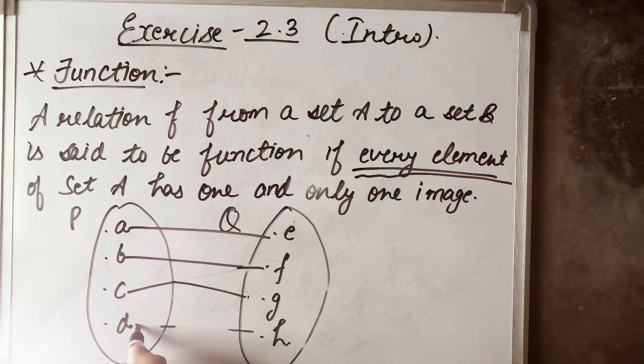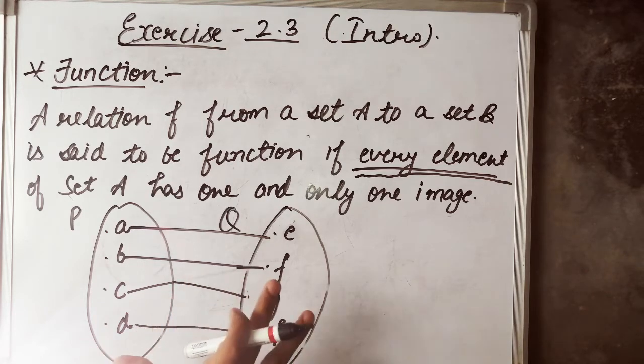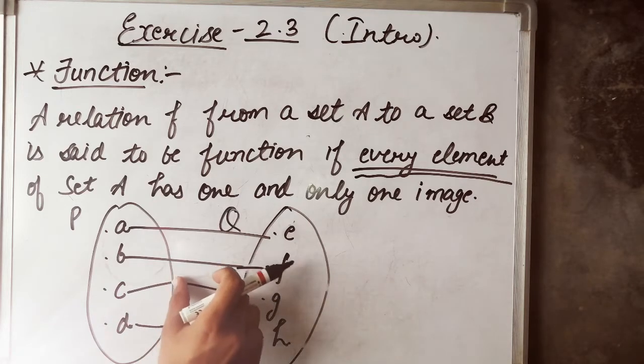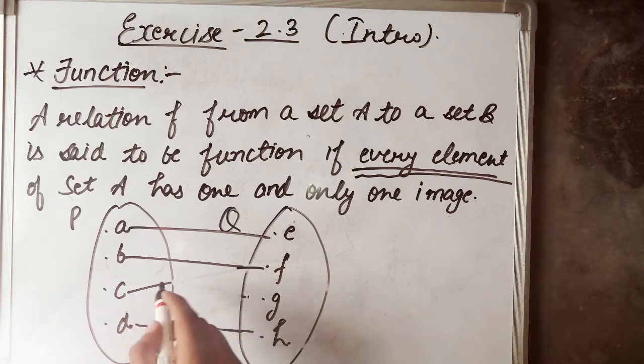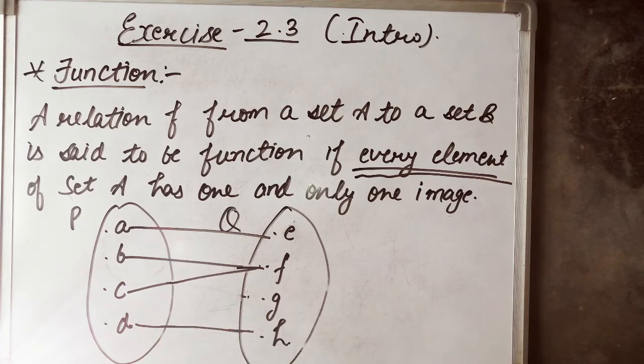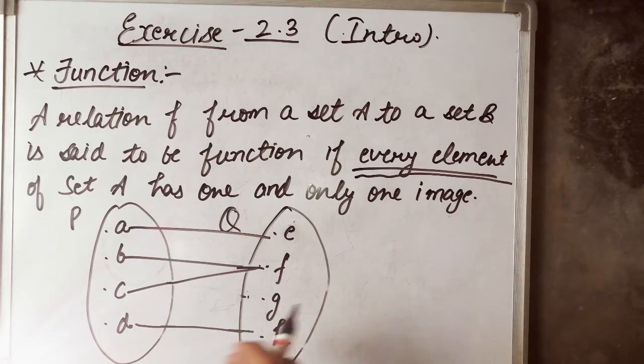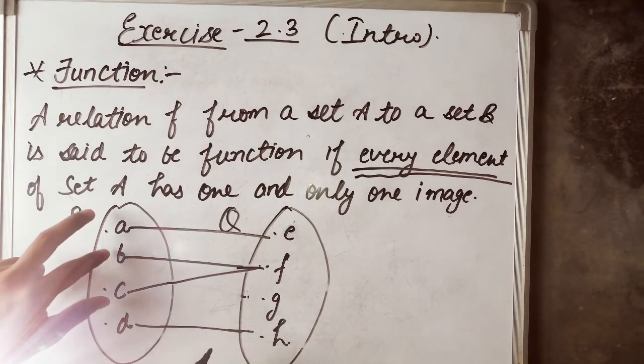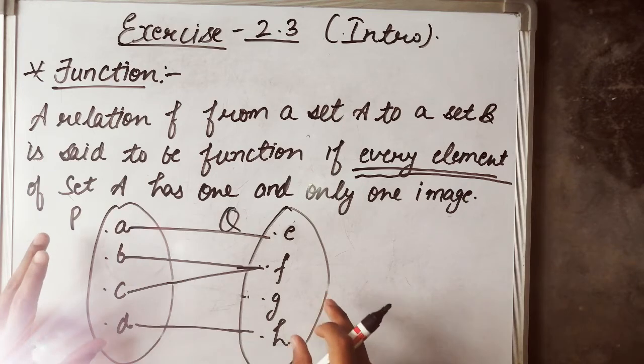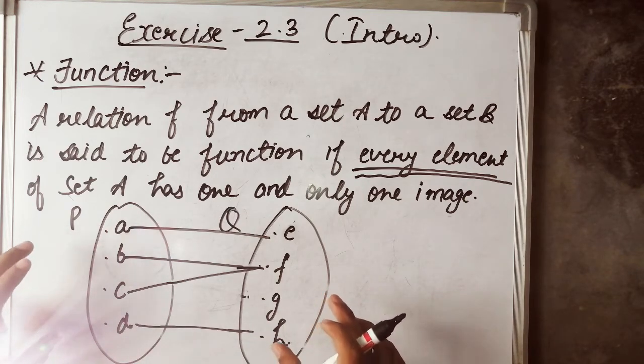Okay, let me redraw it. And what if the C element of the P set has also an image like this? This is also a function because B and C have only one image, no matter what image they have.